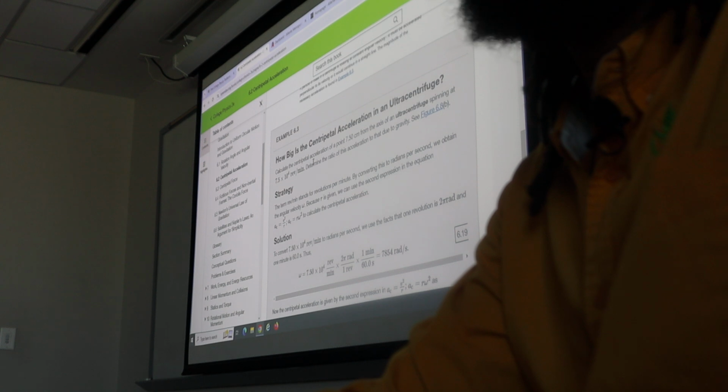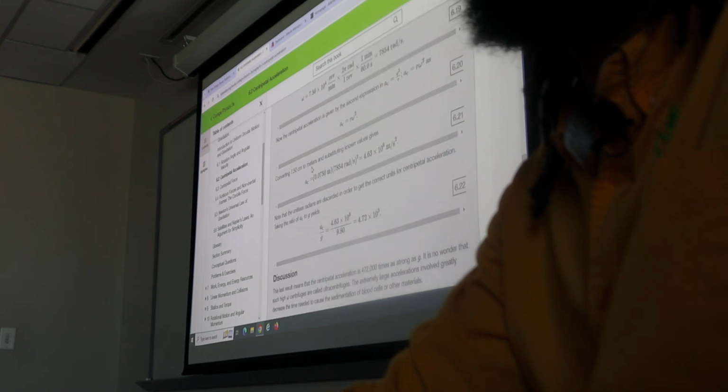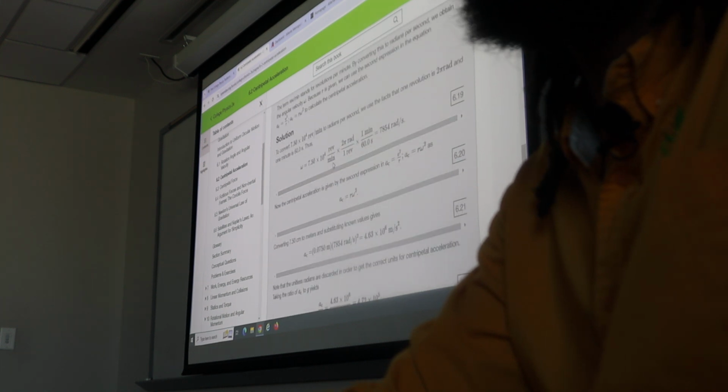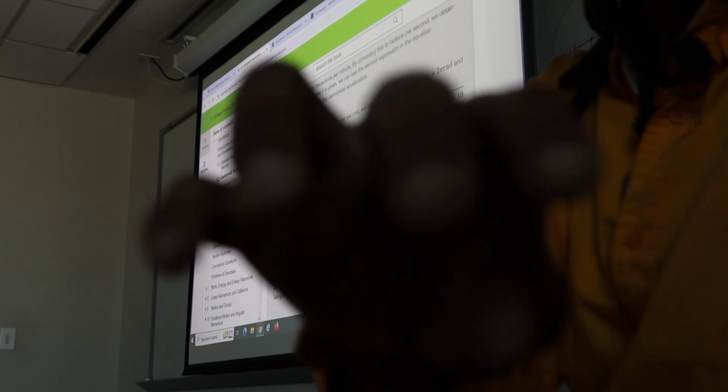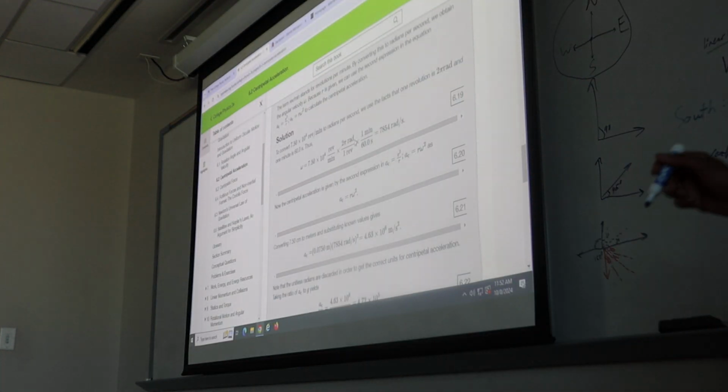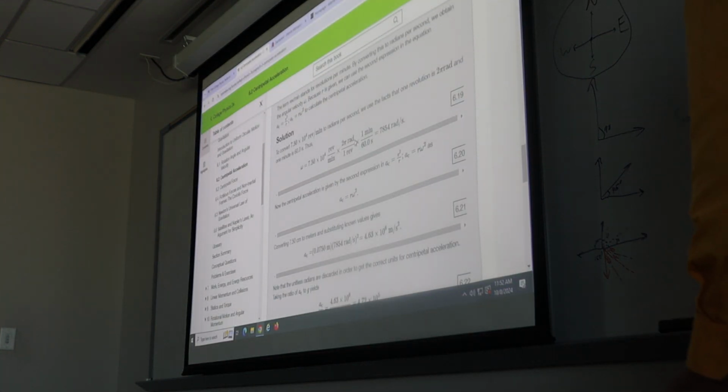So then say they gave it to me in revolutions per minute. Mm-hmm. 1 revolution equals 2 pi radians.